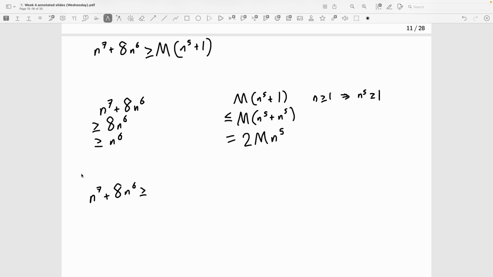Again, you can do this. n to the 6 is positive, so 8 times a positive number is going to be greater than 1 times a positive number. And then this simplified big side is hopefully greater than our simplified small side. And that is definitely greater than our original small side.